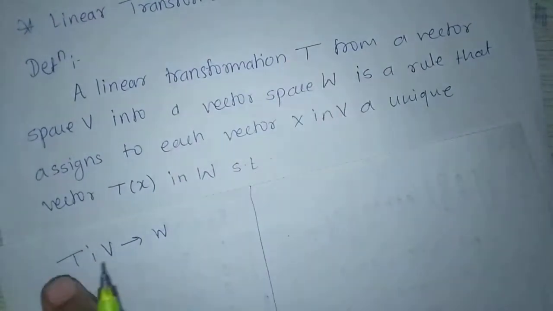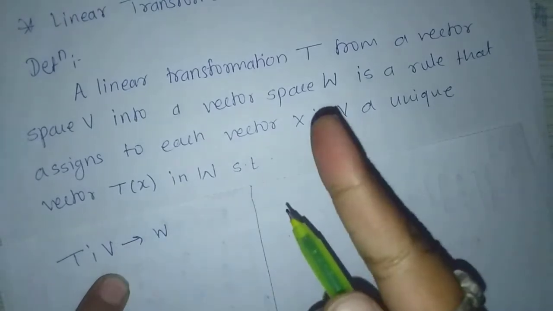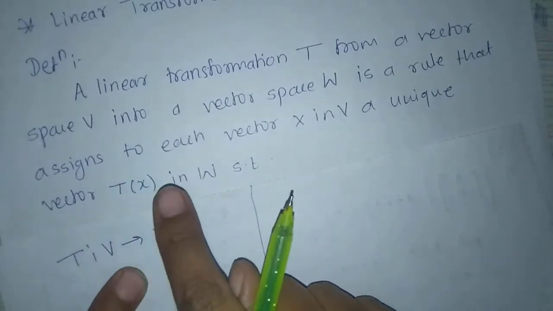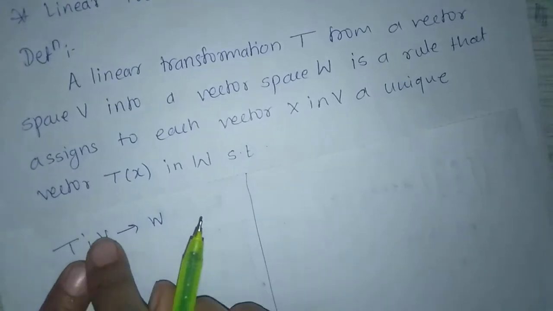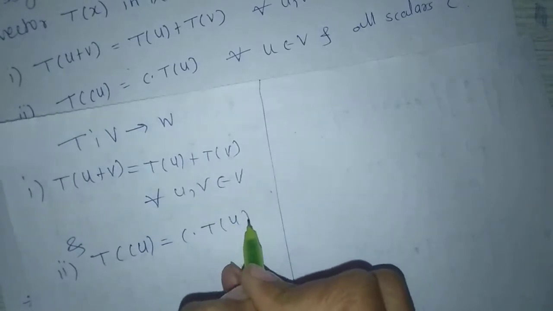A linear transformation T from a vector space V into a vector space W is a rule that assigns to each vector x in V a unique vector T of x in W such that, first, T of u plus v equals T of u plus T of v for all u, v belonging to V, and second, T of c times u equals c times T of u for all u belonging to V and all scalars c.